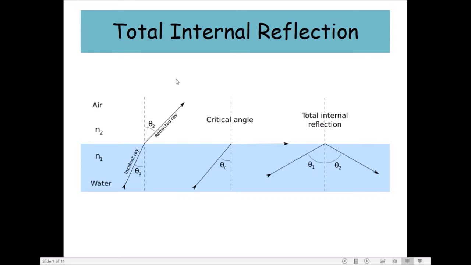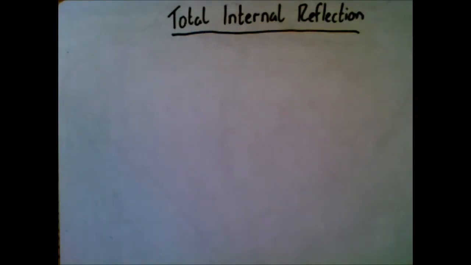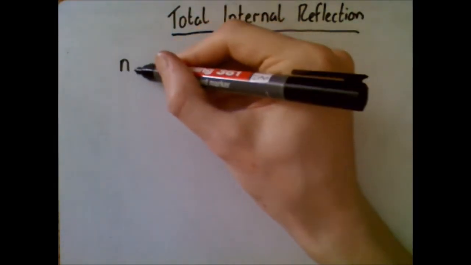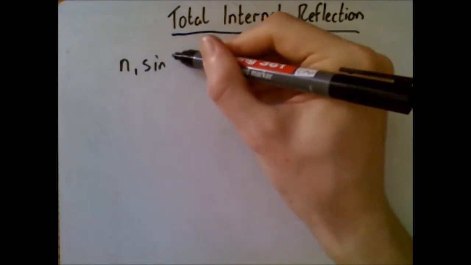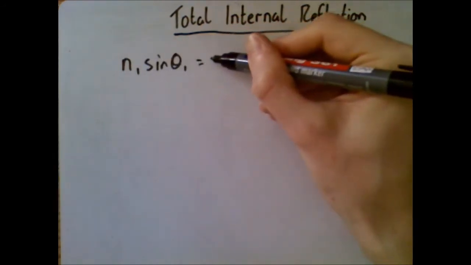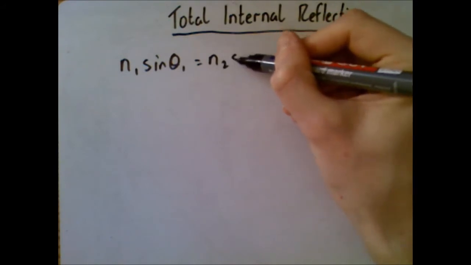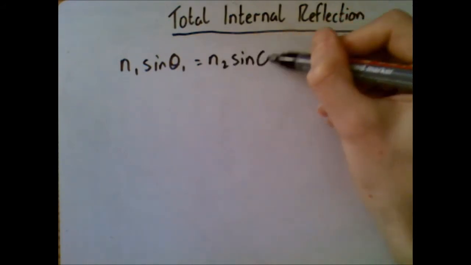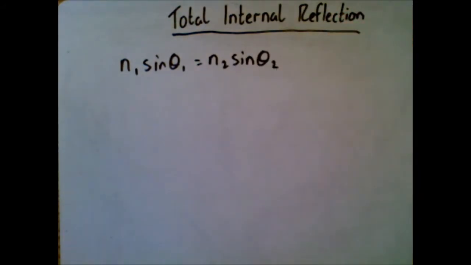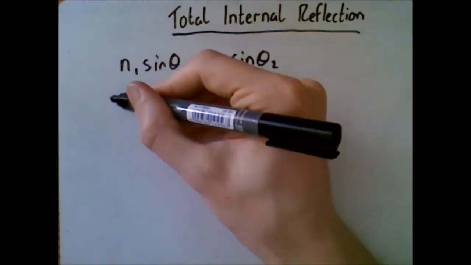Now, there is a formula that we need to come up with, so let's have a look at what we've got. Now, if we go back to Snell's law from the last video, we had n1 times sine theta 1 equals n2 times sine theta 2. Now, let's imagine that we are shining our light ray in at the critical angle.